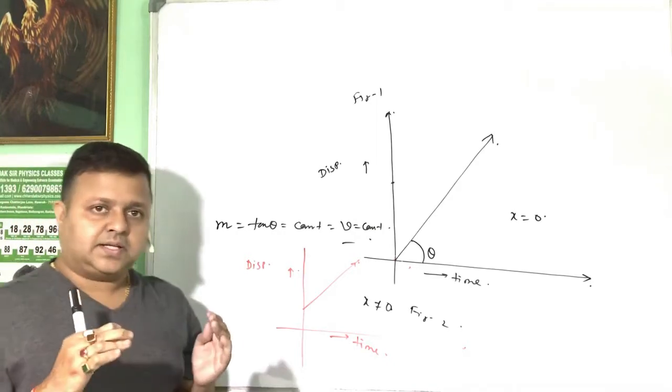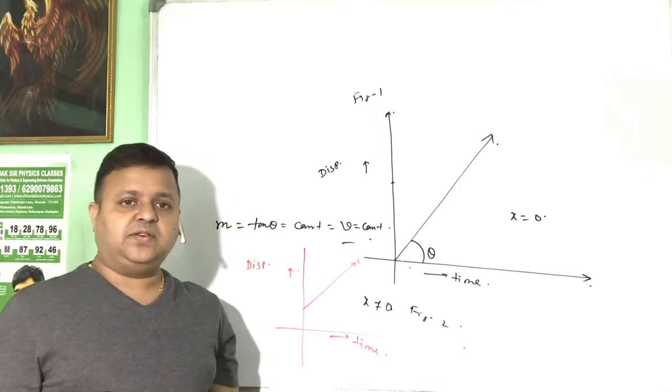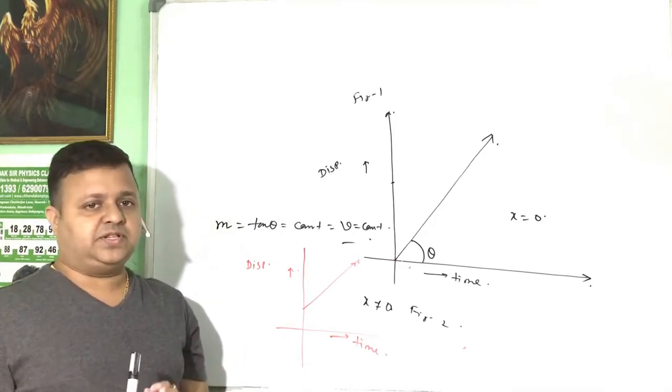Next, displacement time curve when the body is moving with a non-uniform speed or non-uniform velocity. Magnitude is different.